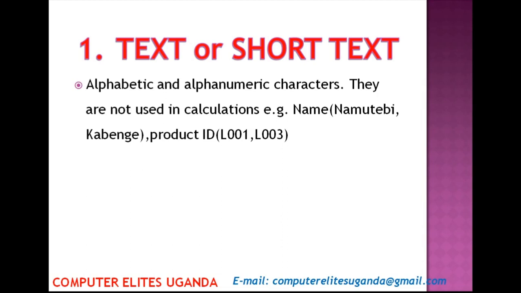We can look at the index numbers, registration numbers. So all that we use basing on text, which cannot be used in calculations when creating database tables, we always use text to create such fields.